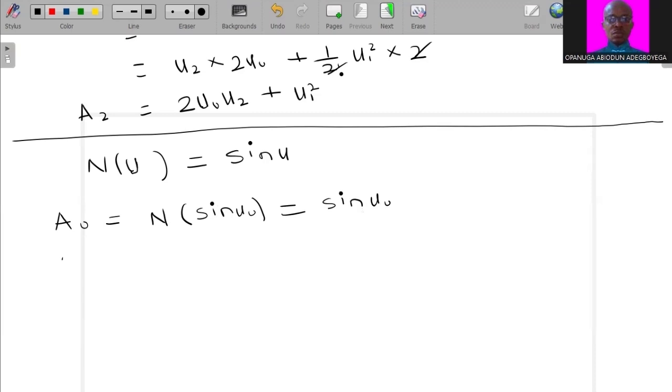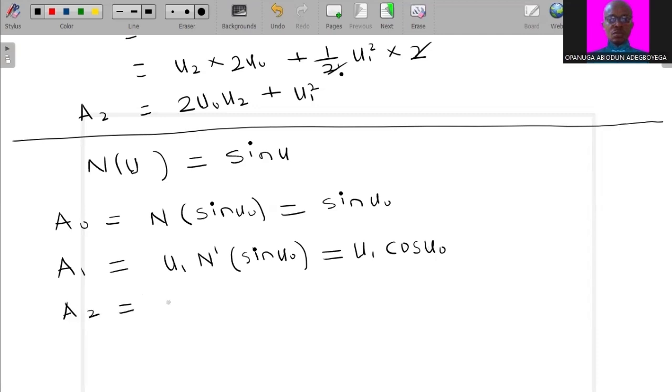No differentiation here. For A_1, this will be u_1 N prime of u_0, so here we differentiate sine u_0 once, which gives us cos u_0. And then let's quickly consider A_2 here.